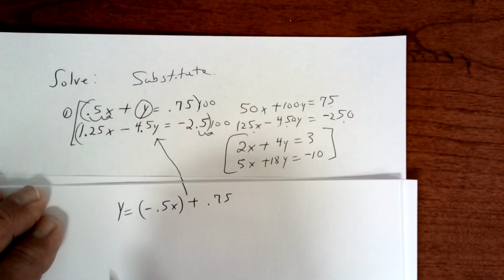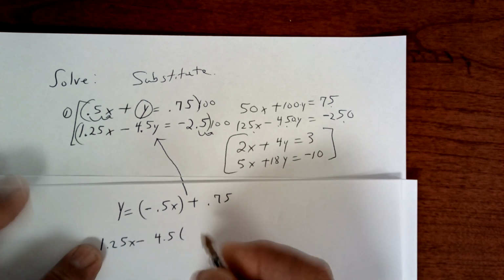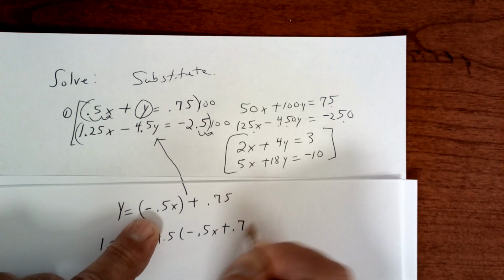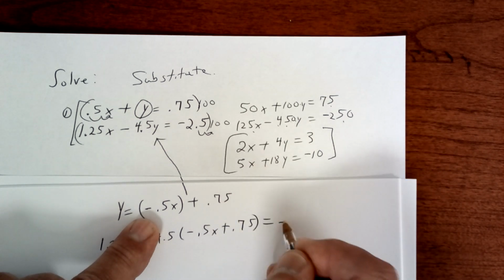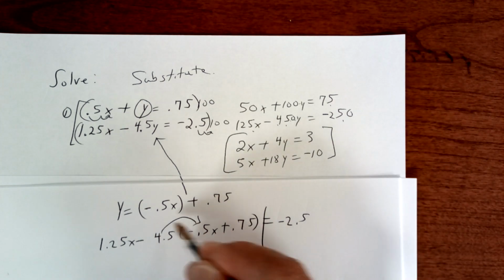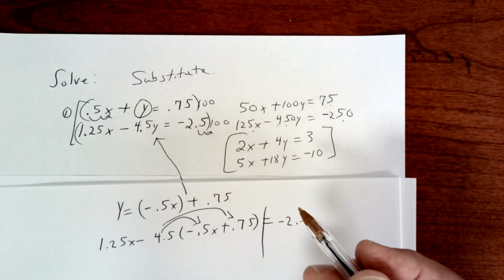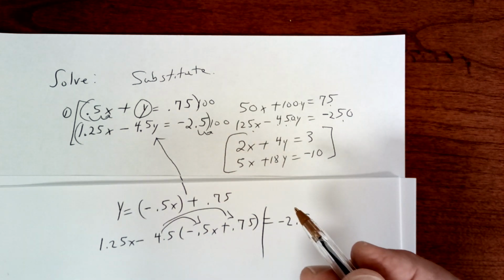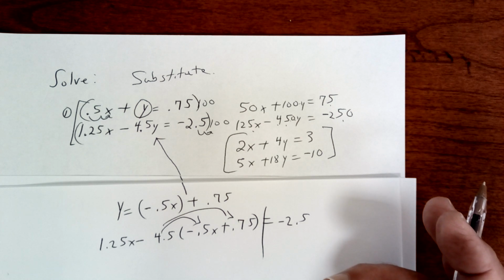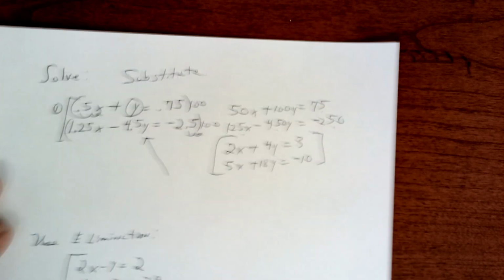So I'm going to get 1.25x minus 4.5 times this equals negative 2.5. And once you get to that point, you're going to have to distribute, combine like terms, and work it from there. Okay? You know, it's going to be a little sloppy here. In any event, we're going to jump to elimination here.